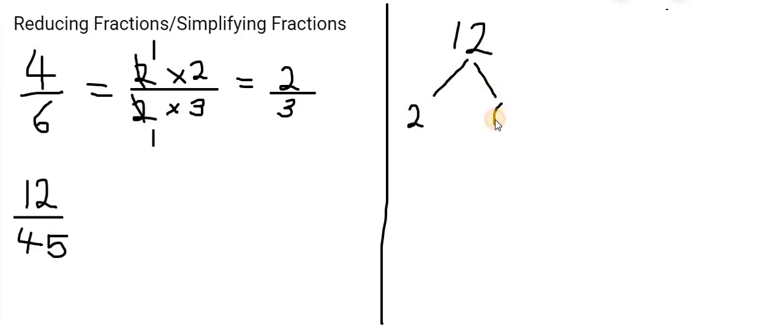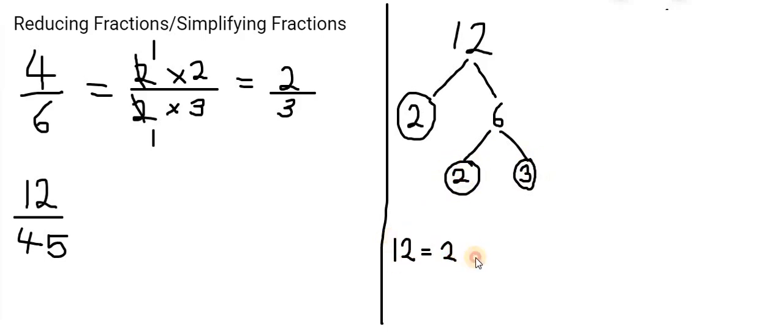That should be 6. Circle that. That's a prime number. So 6 is an even number, so 2 is a factor. The other number that goes with 2 to make 6 is 3. So I circle both of those, they're prime numbers. So 12 is 2 times 2 times 3.